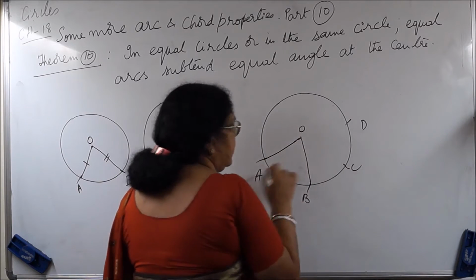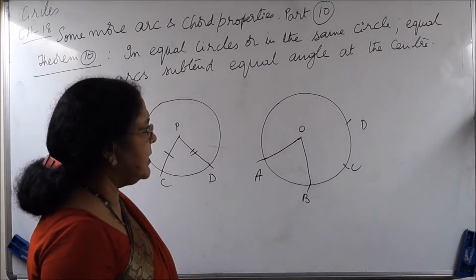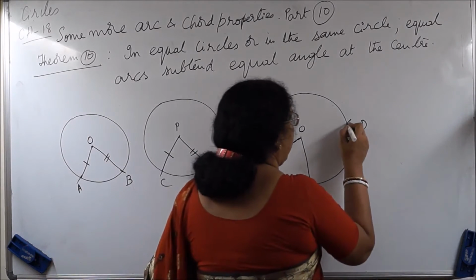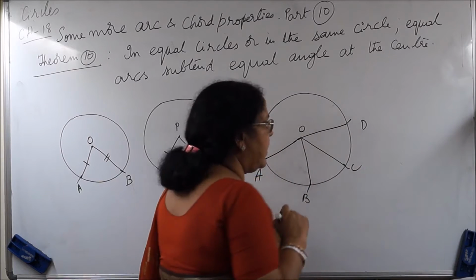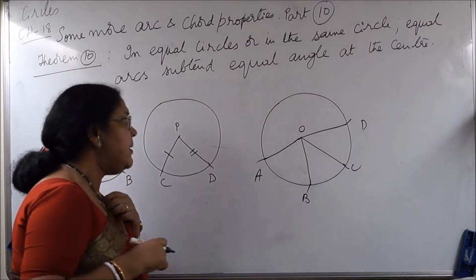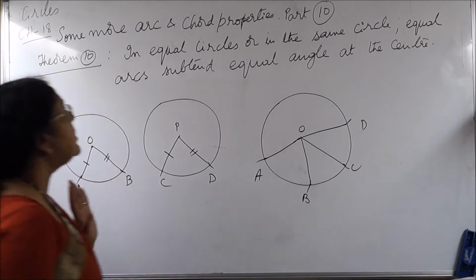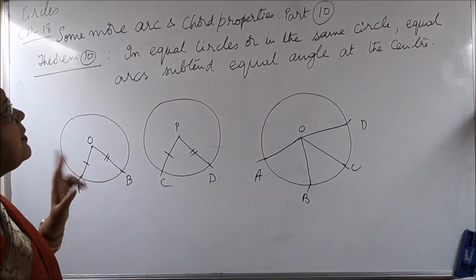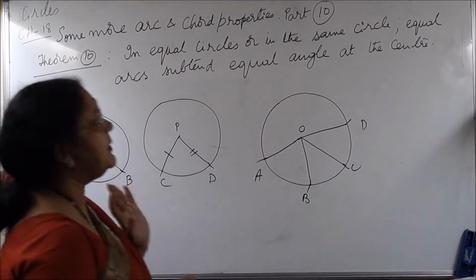Now this is the angle AOB subtended by the arc AB at the center, and the angle COD is the angle subtended by the arc CD at the center O. Now according to the theorem, in equal circles or in the same circle, equal arcs subtend equal angles at the center.